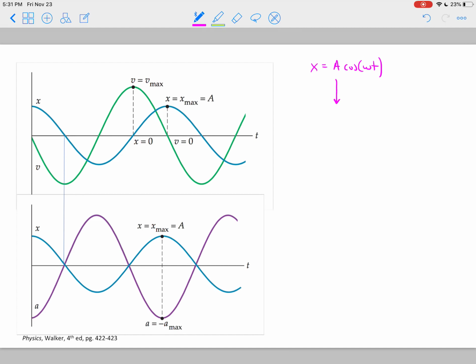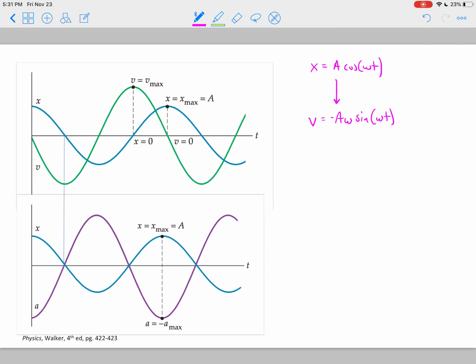From that, if you wanted to do a little bit of calculus instead of working through this derivation, you could find that the velocity, and again, this is the velocity of the mass moving back and forth, is equal to negative A omega sine of omega t.